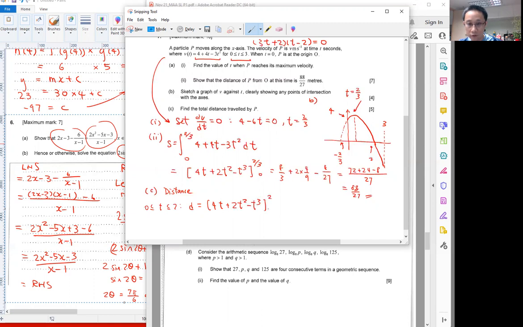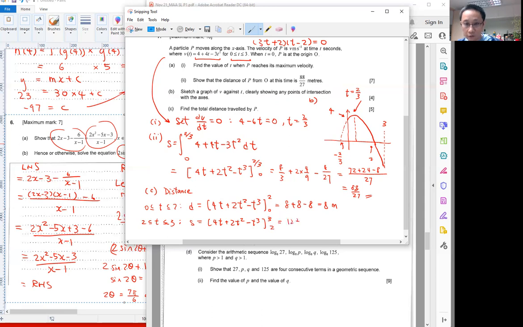We plug in 2 and 0 as the upper and lower bounds respectively. So we have 8 plus 8 minus 8. So 8 meters. And then between 2 and 3, the displacement should be a negative value.